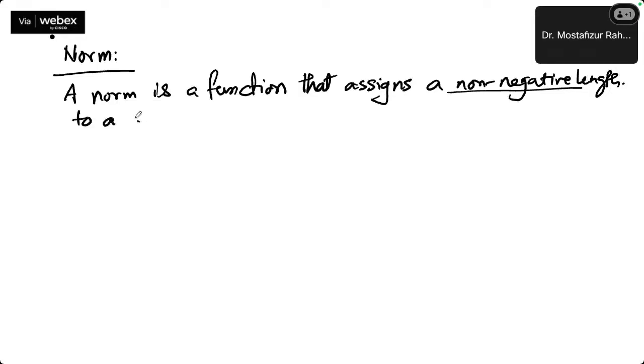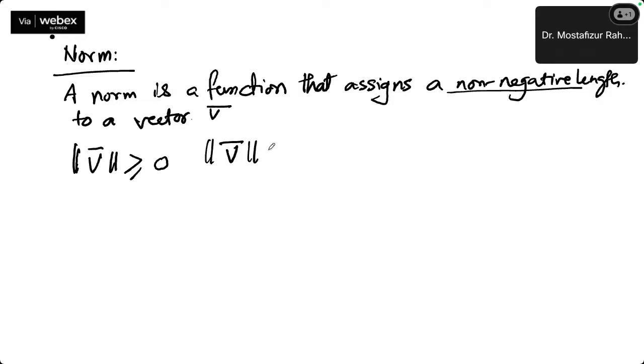I'm writing it for a vector, but it's okay to write matrix or vector. If I take that vector as V, it has certain properties. The norm has to be greater than or equal to 0.